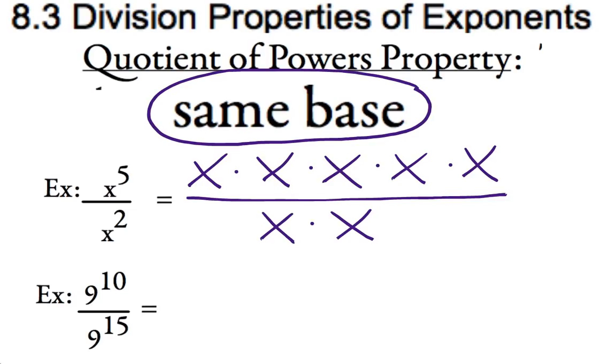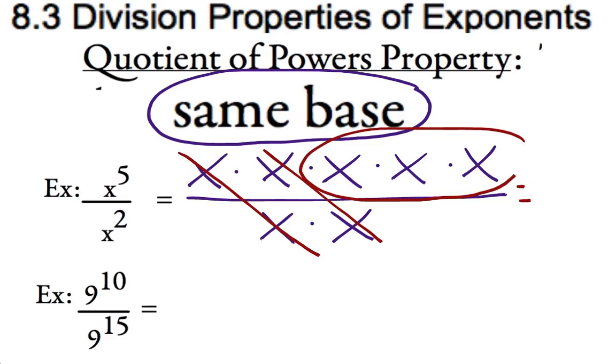Now, way back when you learned about common factors, maybe in 4th grade, your teacher would let you cross off common factors. So you can see I have two factors that are the same in the numerator and the denominator. I can no longer cross factors off because I'm out of factors in the denominator. I'm left with x times x times x, which will give me x cubed.